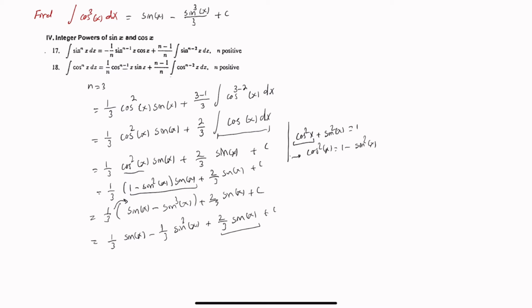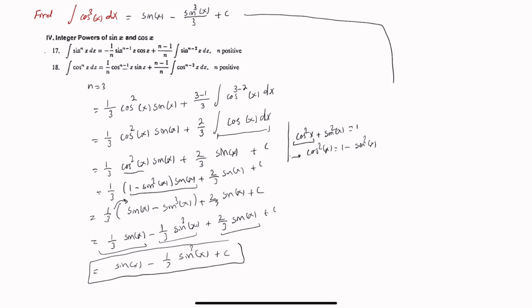Now let's add these terms together. So 1 over 3 sine of x plus 2 over 3 sine of x is going to be equal to 1 sine of x. Then this will remain the same, so we have 1 over 3 of sine cubed of x, and then the constant, and that should be the simplified solution.